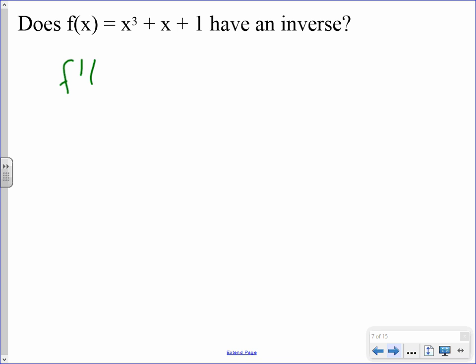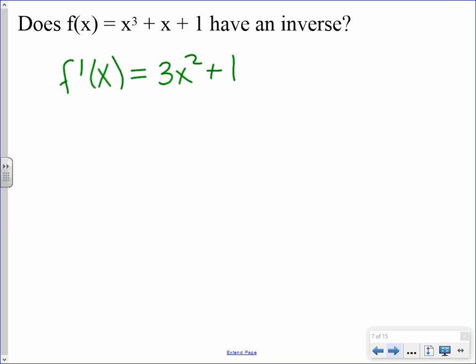Let's use some calculus. Jake, what's our derivative? 3x squared plus 1. Can we say that that's always positive? Can we say that it's always negative? Or is it positive and negative sometimes?